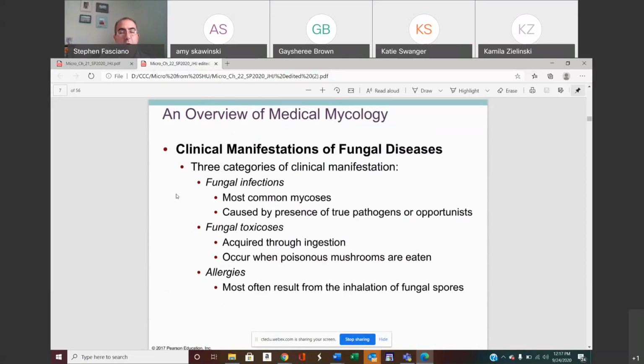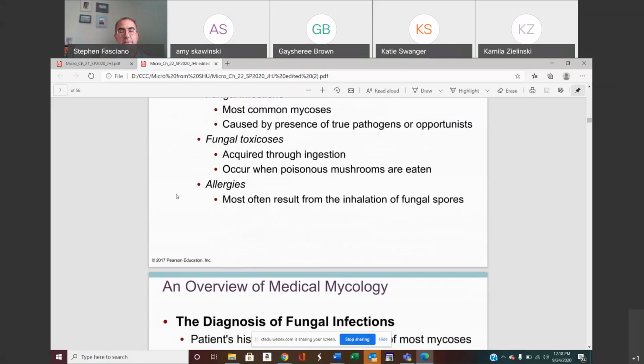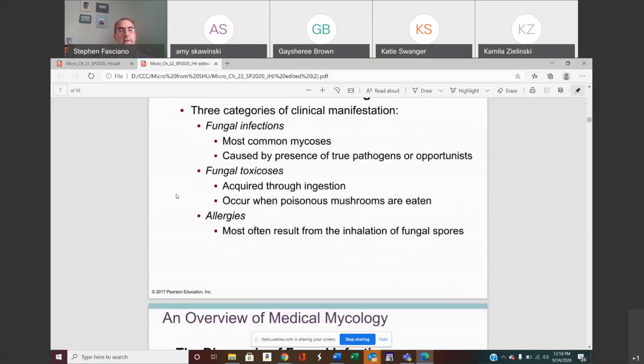Fungal toxicoses are acquired through ingestion. So they occur when poisonous mushrooms are eaten. That's basically the only time that those are going to occur. Poisonous mushrooms put out a toxin. This toxin gets into your digestive system when you eat the mushrooms, and it can wreak havoc on your body. And then there's allergies, and allergies are usually the result of inhaling spores. Like a lot of people have mold allergies or things like that.